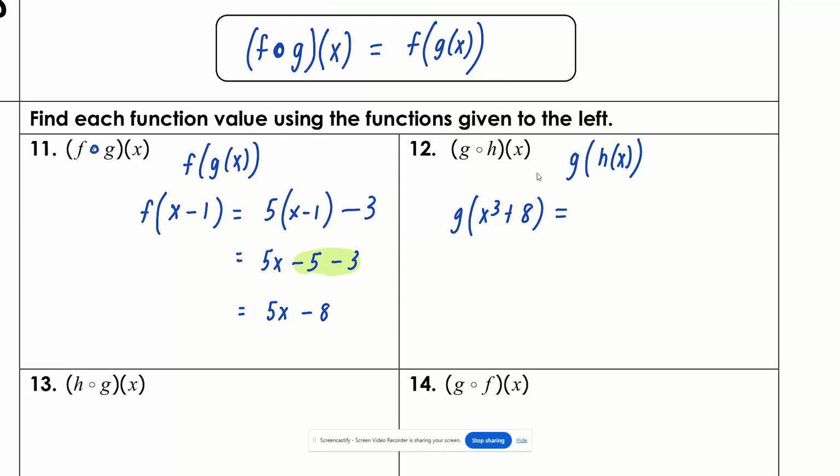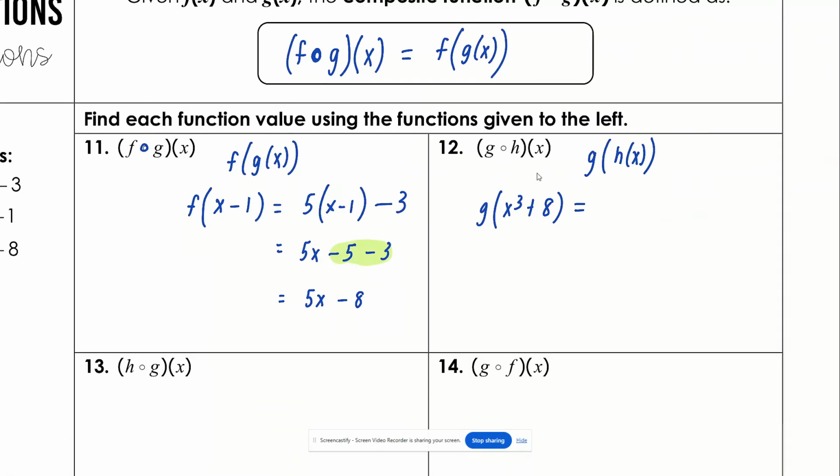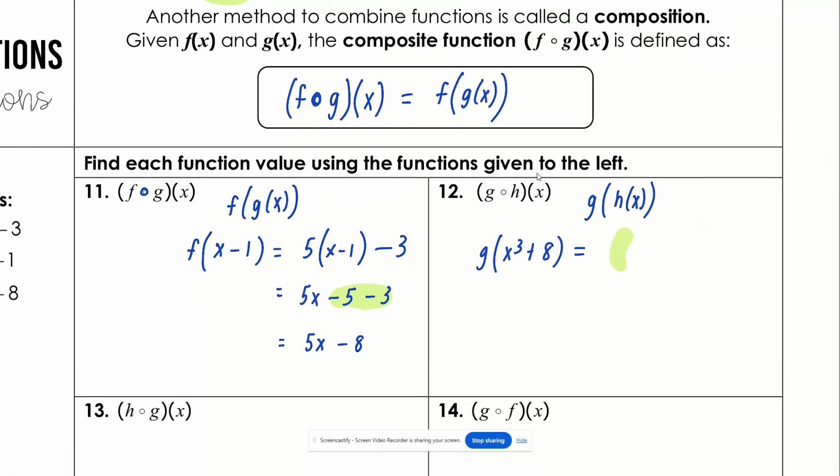Every time in my g of x function, every time I see x, I'm replacing it with x cubed plus 8. So literally, I take my g of x function, and every time I see that x, I'm plugging in x cubed plus 8. So instead of this saying x minus 1, it's going to say x cubed plus 8 minus 1.